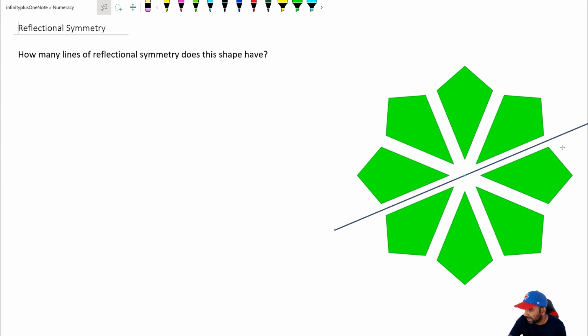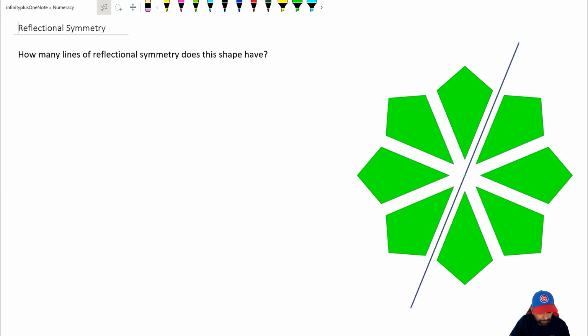And as you can see, at 22.5 degrees, added or subtracted, it doesn't matter, there is another line of symmetry that goes through here. There's another line of symmetry there, and another one there, and another one there. So that's just the other remaining 4 lines of symmetry that we have to be careful of.